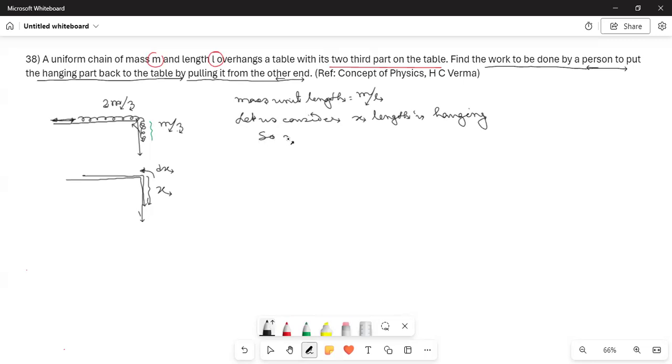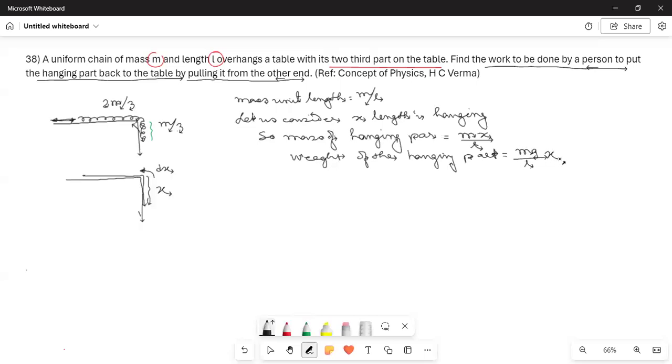So mass of hanging part is equal to m x by L. So weight of the hanging part is mg by L into x.